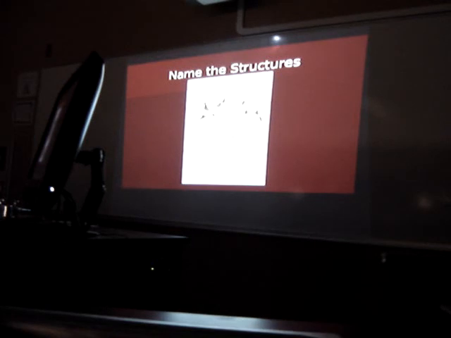And of course, we have the superior articular facet. Spinous process. This part is called the lamina. What's that part called? Neck. Pedicle. Pedicle, yeah. Transverse process.